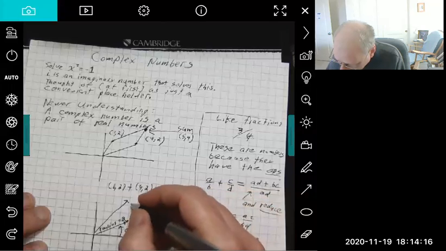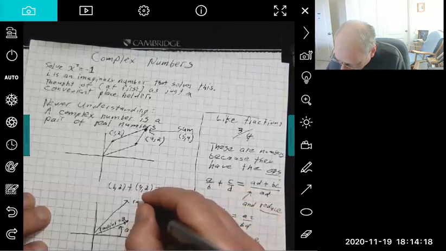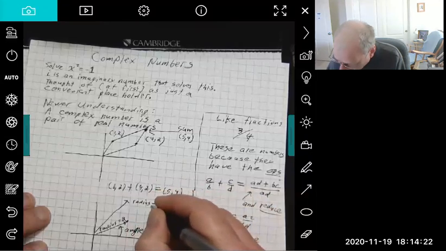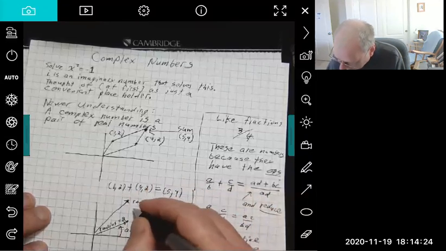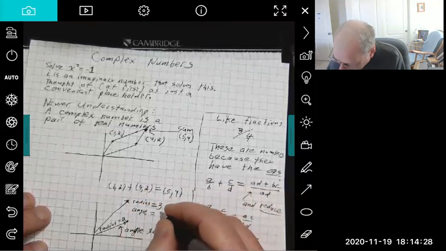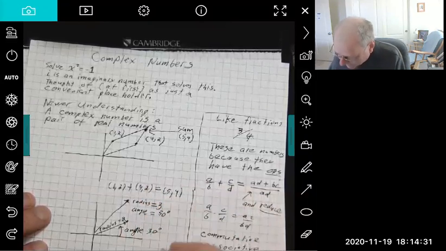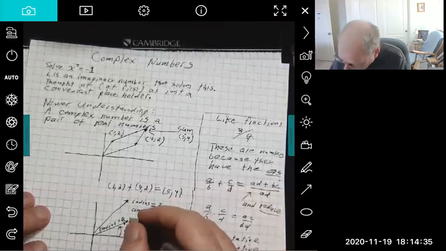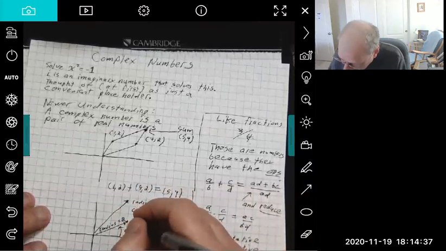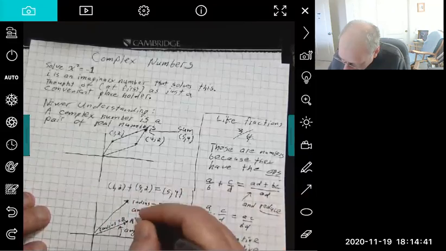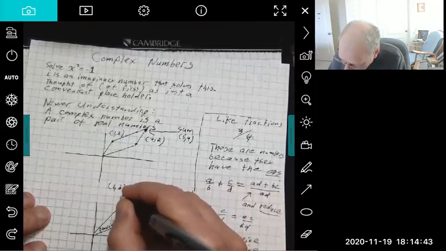My art's not very good here. Maybe a radius of 3 units and an angle of 50 degrees. So this point here we'll call A, and this one up here is B.